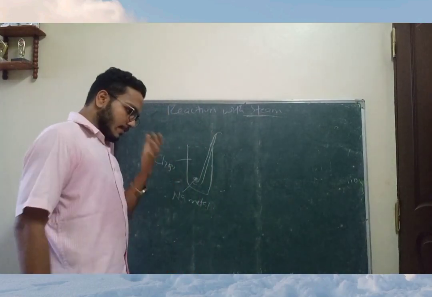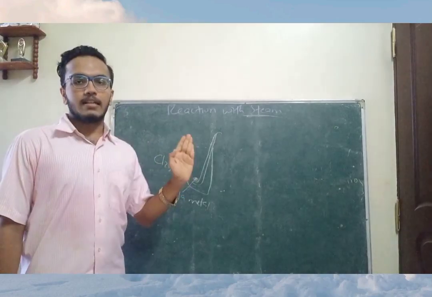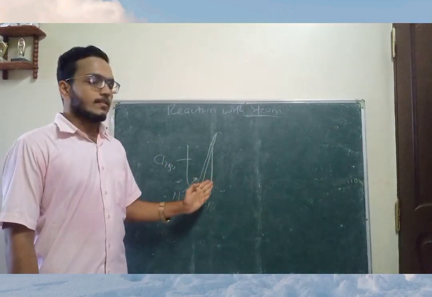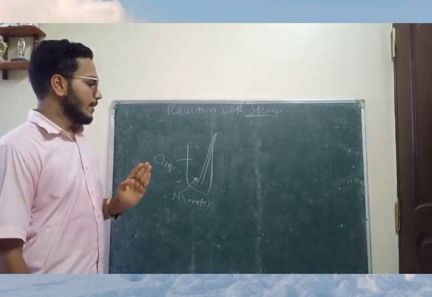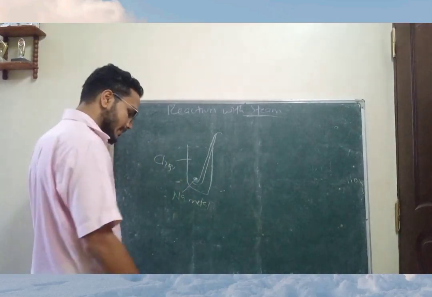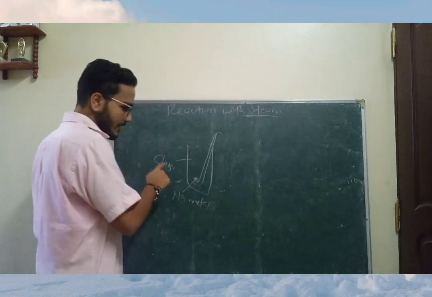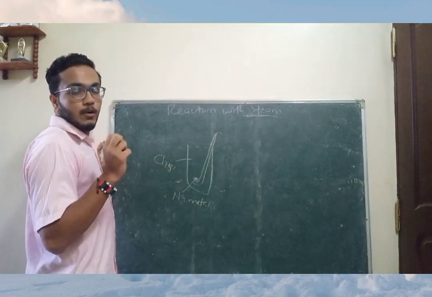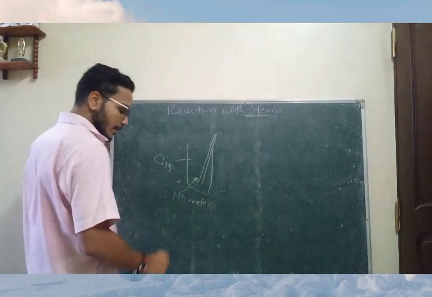So alkali metals react with chlorine to form alkali metal chloride. Sodium will react with chlorine to form sodium chloride, which is white in color. So the observation on this spatula, you will see a white solid is formed, which is sodium chloride.